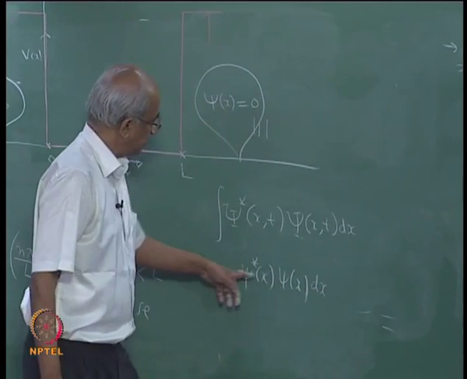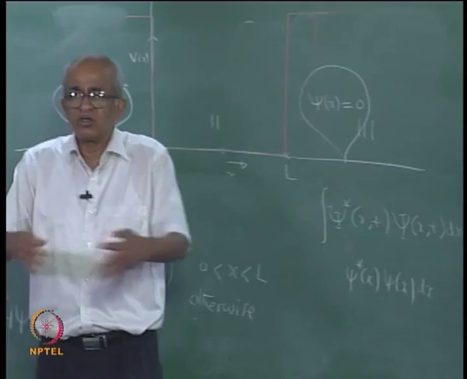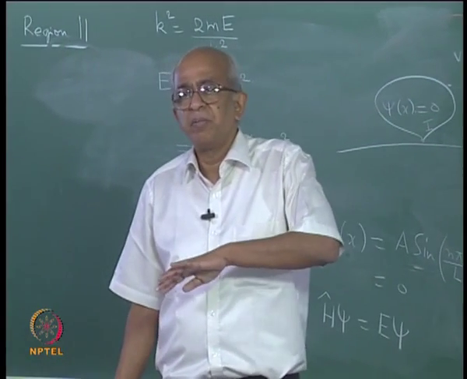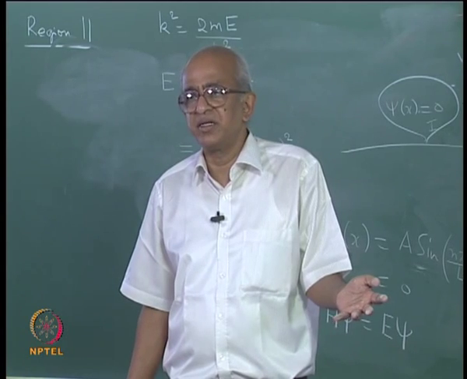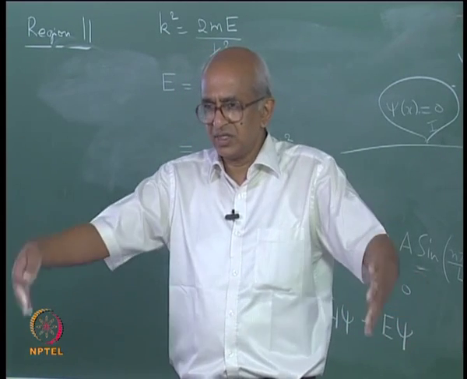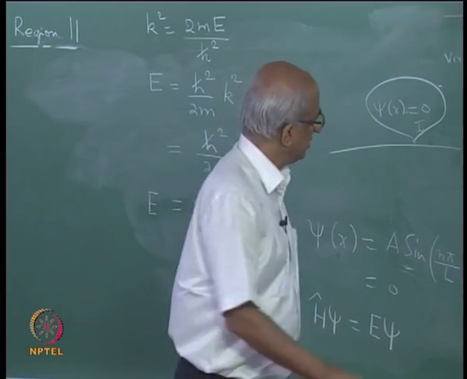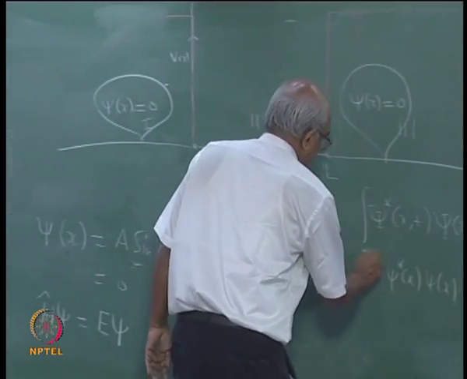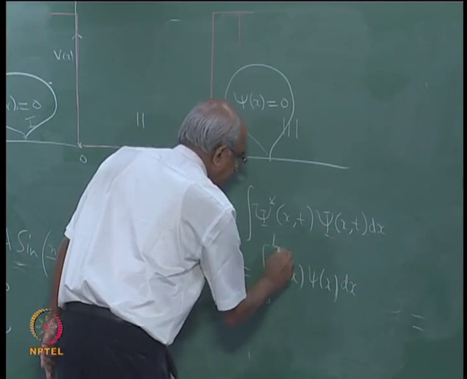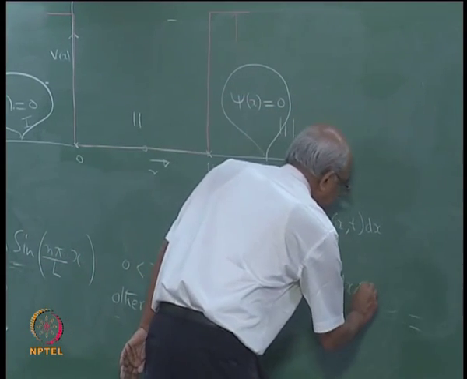And further these psi's are 0 outside the box. So, it is not necessary for me to integrate from minus infinity to plus infinity, but it is sufficient if I integrate from 0 to L, which is the region of the box. So, this is equal to integral 0 to L psi star psi dx, and this must be equal to 1.